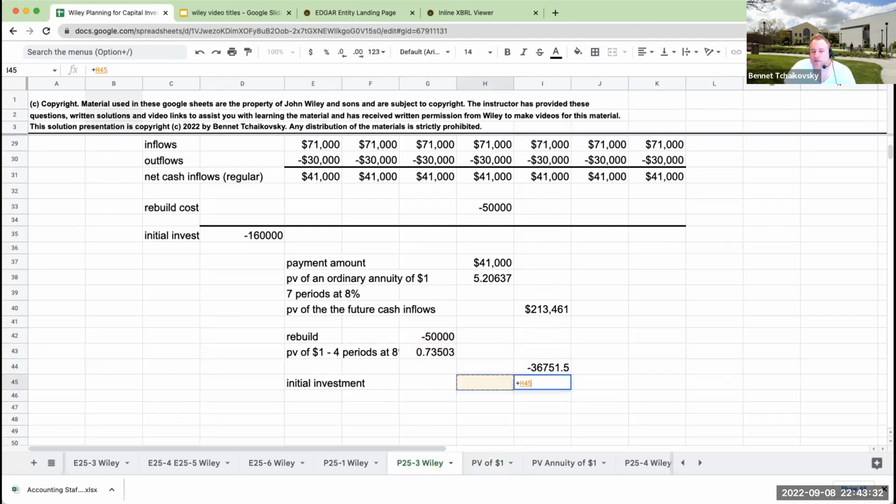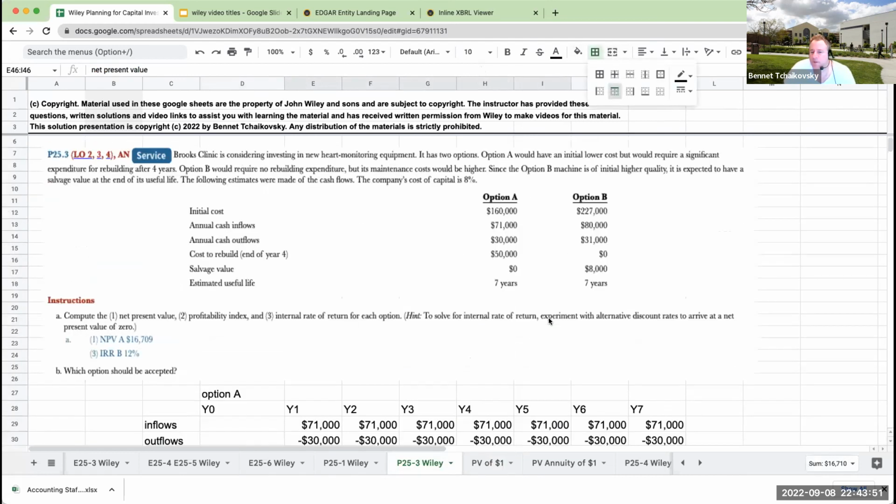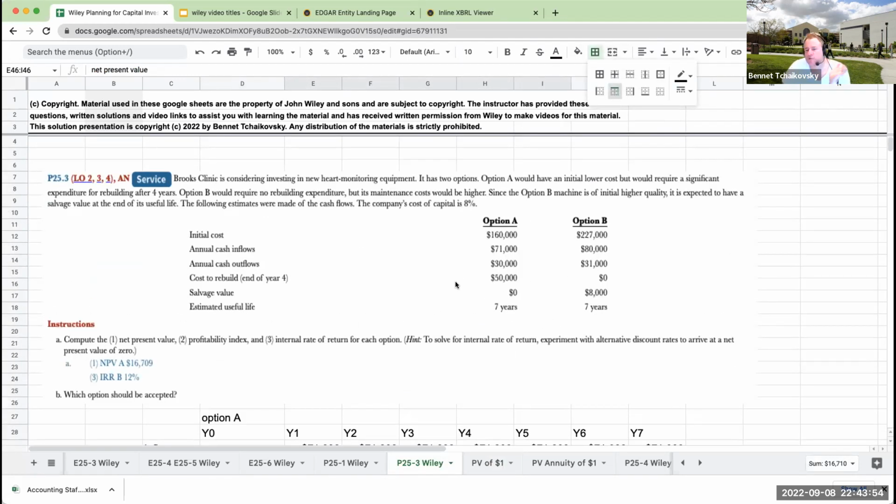So my initial investment right up here is 160,000. So my net present value is going to be 213 less 36 minus 160, or it is going to be 16,710.